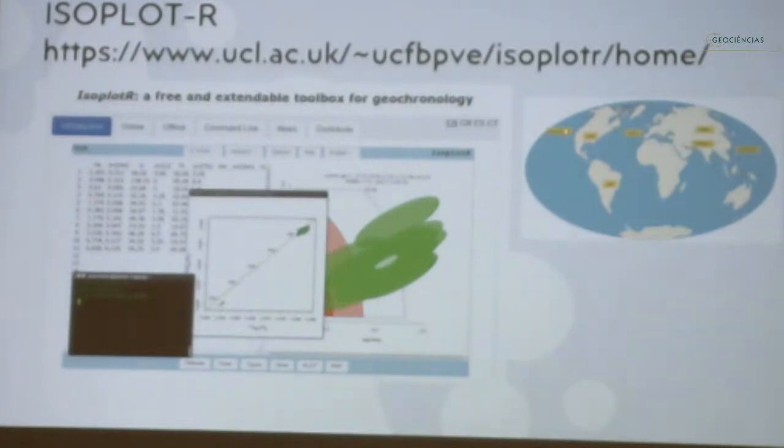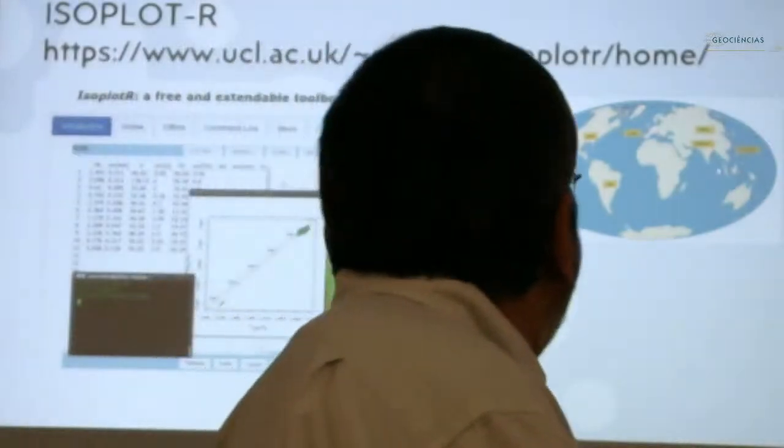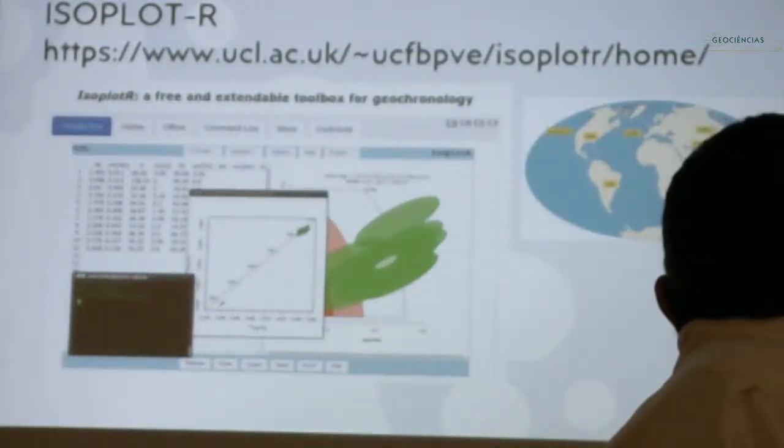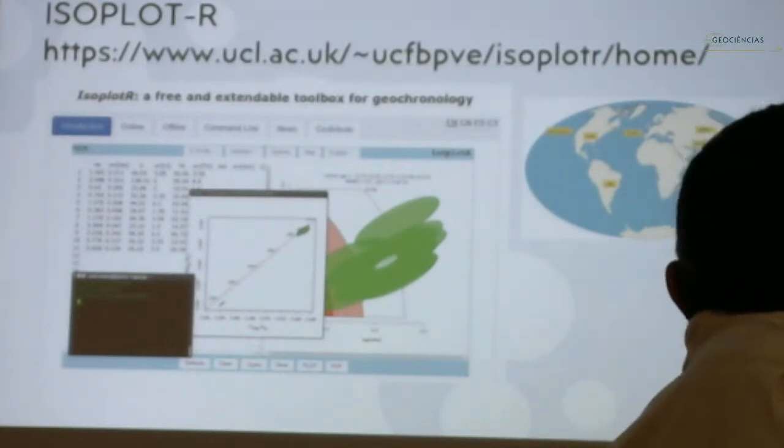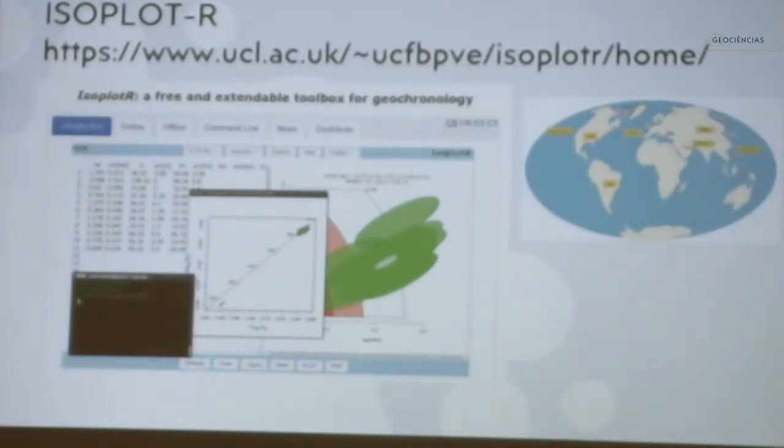There's one in Austin, one in California, one in London, one in Europe, one in South America, one in India, and I think three in China. So you have mirrors in several places, and that's really good because it's very reliable: if one server is down, you can work on another.